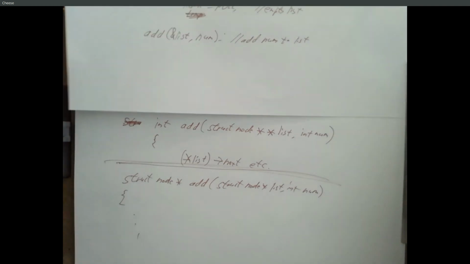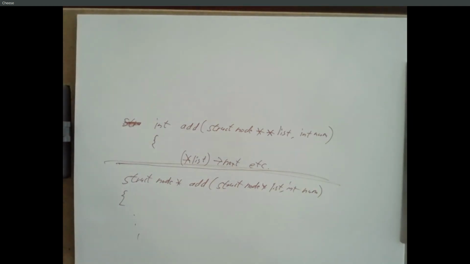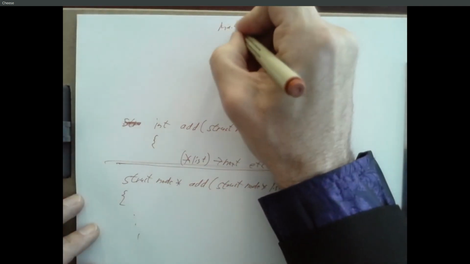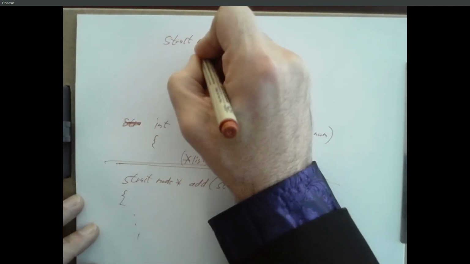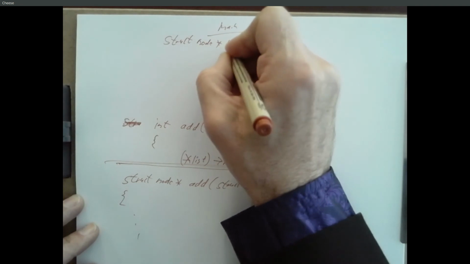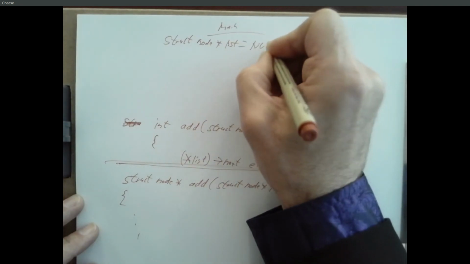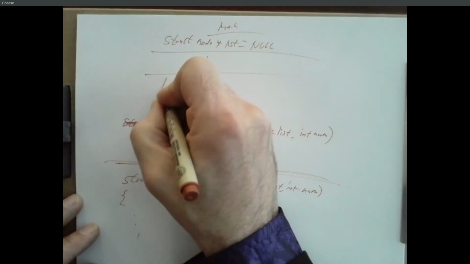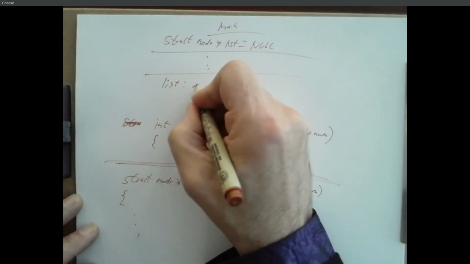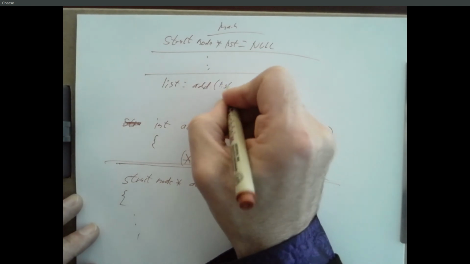It's just a good old struct node star. And our main program does something like this. Struct node star list, initialize it to null. And then when we want to add something, we do the following. We say list equals add list, comma number.